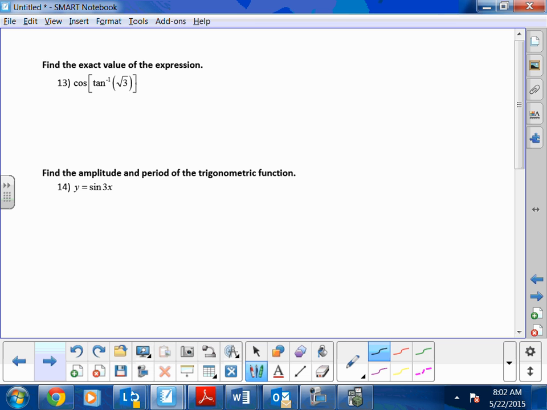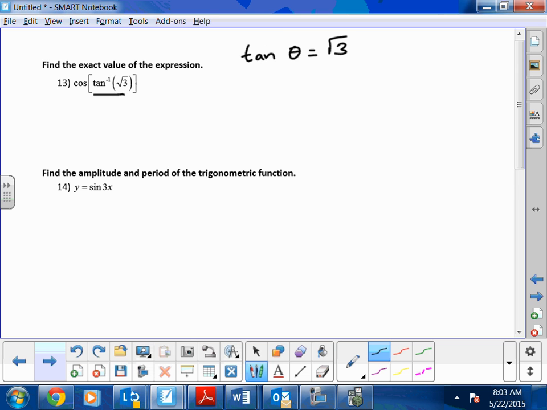Now, with these, you're probably looking at this and wondering, where do I get started? This right here has a specific radian value. When I ask you for the tangent theta equals square root of 3, right? Okay.